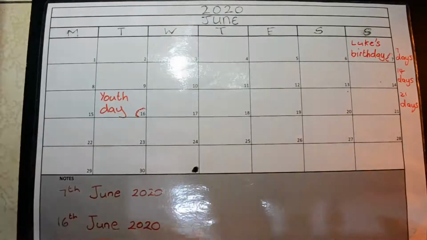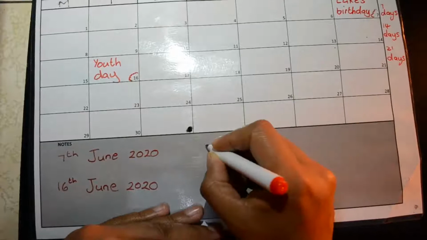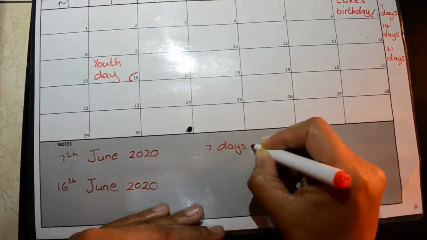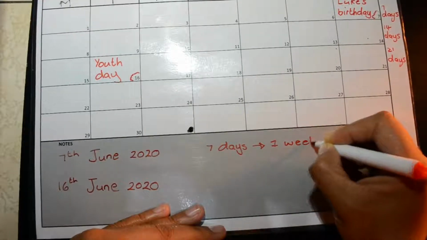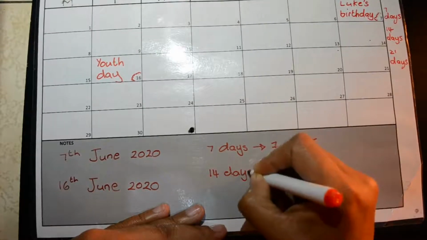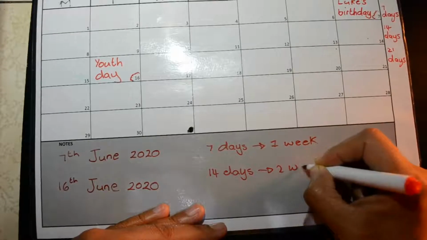So basically when you say, you can just use words. So if I put 7 days, it's the same as saying 1 week. Or if I put 14 days, it's the same as saying 2 weeks.